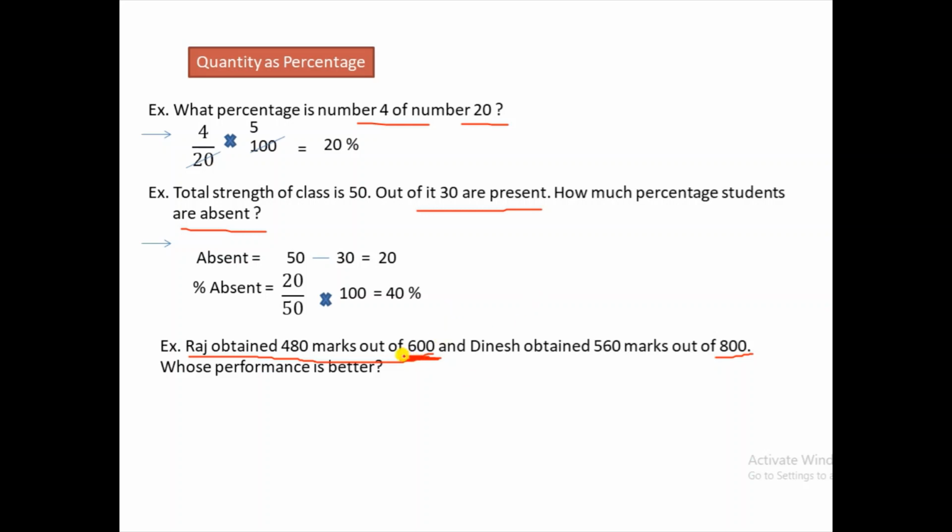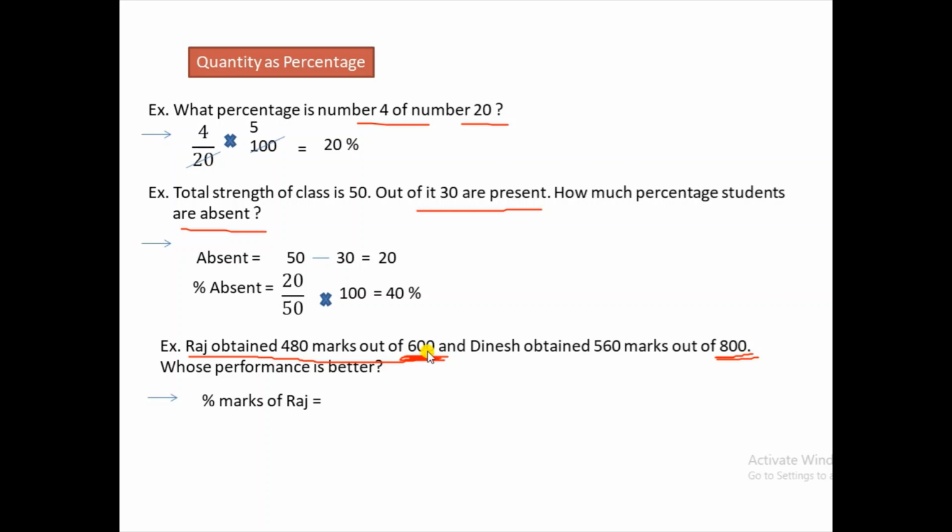If the same input is given to two different things, then based on the output we can compare because the input is the same. Similarly here, the total marks are different. Here it is out of 600, here it is out of 800, so we cannot compare directly. So we have to bring these two things onto one platform, and that platform is percentage. So we'll convert them into percent and then compare.